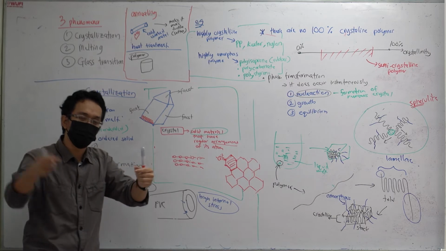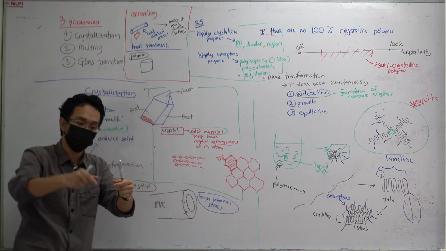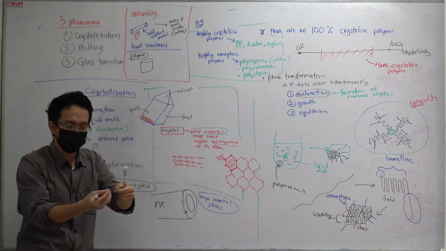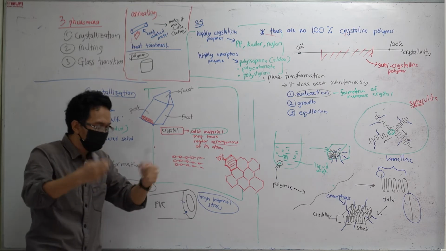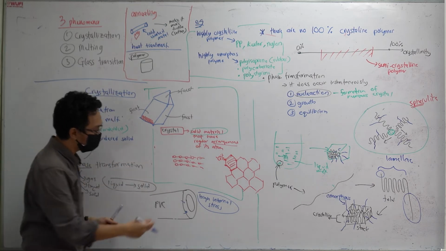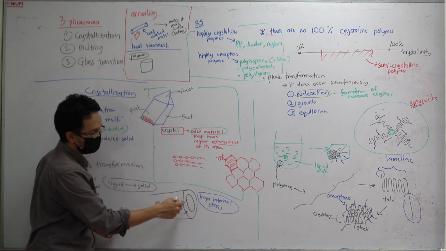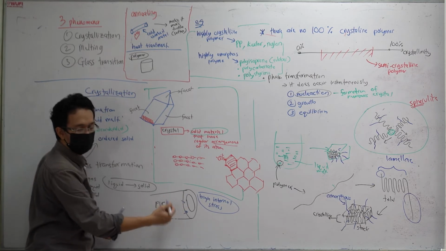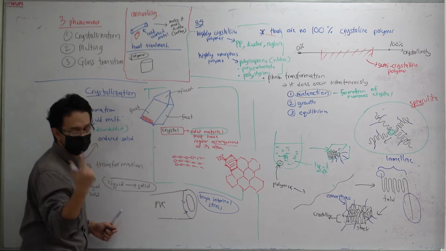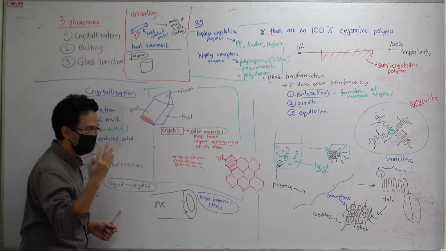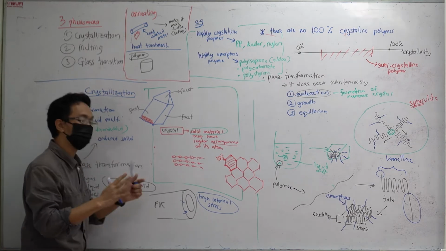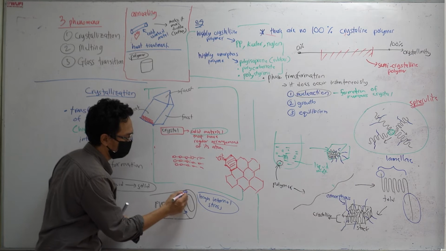If you try to apply load outside, the stress inside will sort of burst. So imagine you have this thick PVC pipe, and PVC being a polymer has both amorphous and crystalline parts. They act together and create a lot of internal stress here.